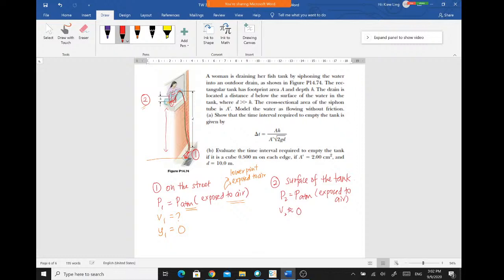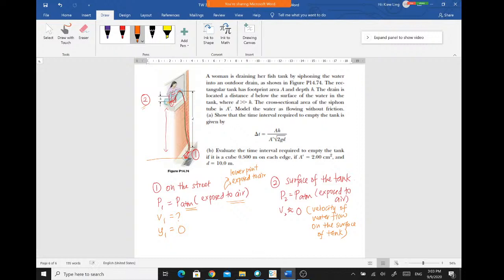This always refers to the velocity of the water flow on the surface of the tank.